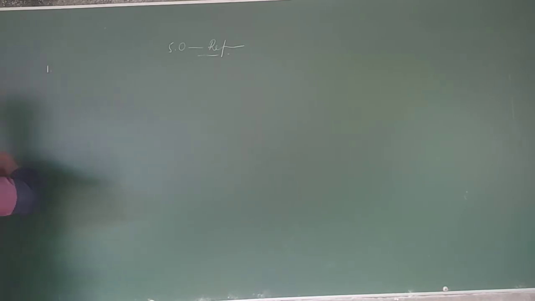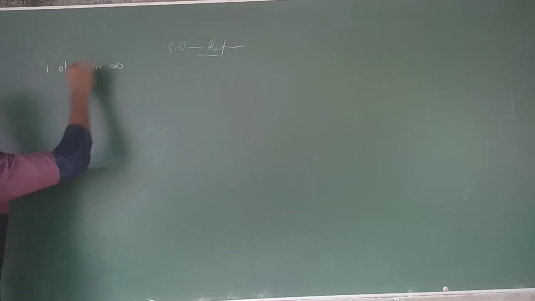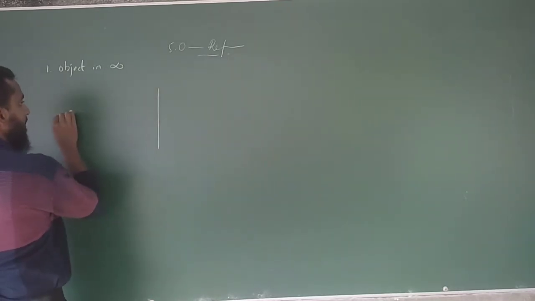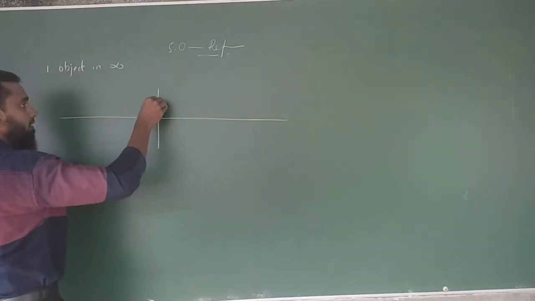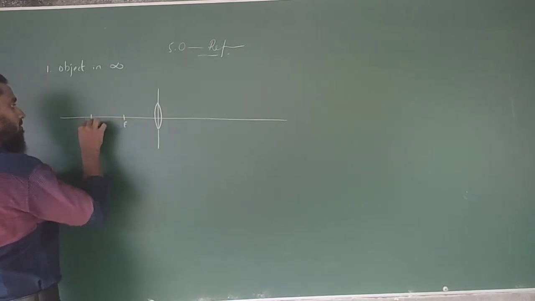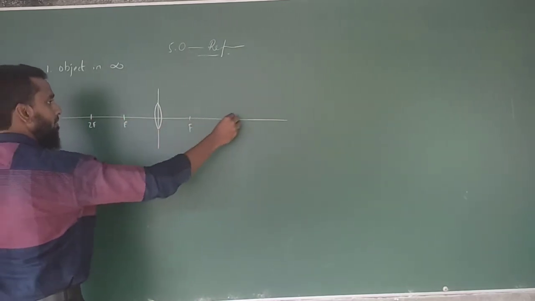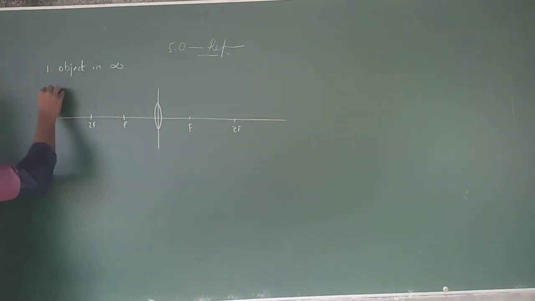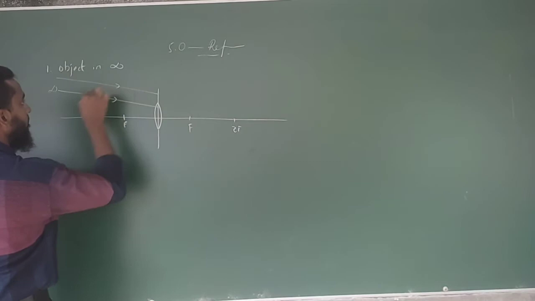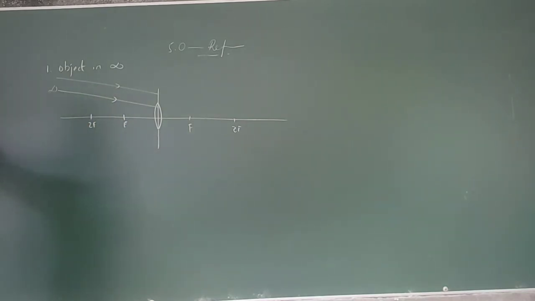The first ray diagram, object at infinity. I'll show you how to draw it; you just look at that and draw yourself. F to F, F to F. When the object is at infinity, we consider 2 rays which are parallel to each other from infinity.